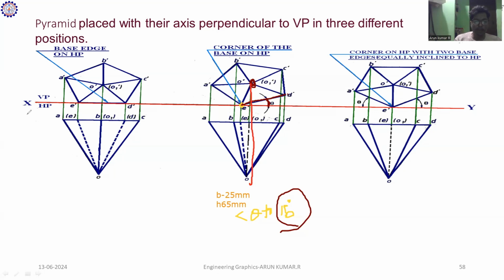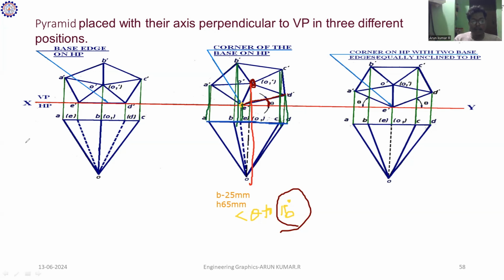Next step, A dash comes down to A, B dash to B, E dash to E, and C dash and D dash likewise. You draw like this, and also draw the horizontal line from it, joining A and D. After joining these two points, we have constructed the axis, the center line.